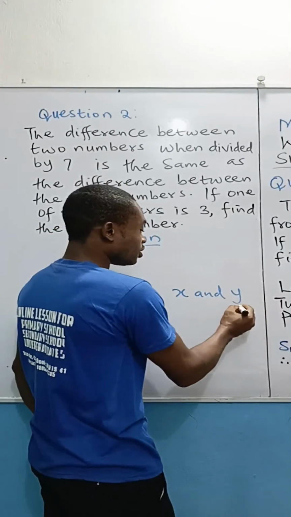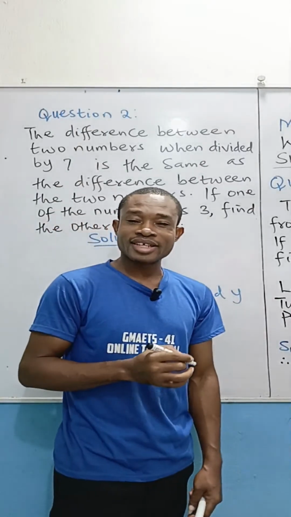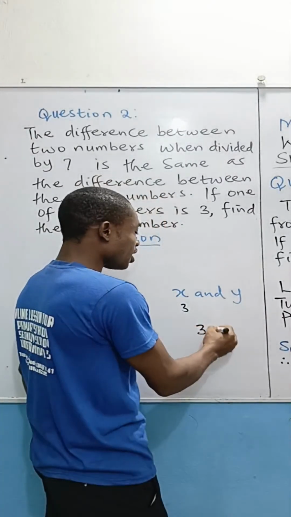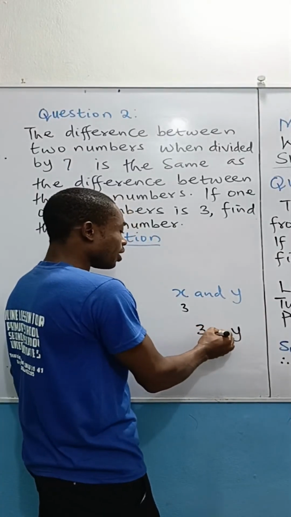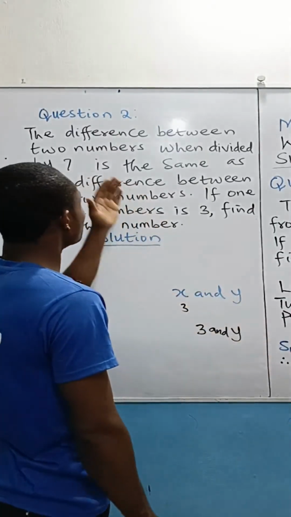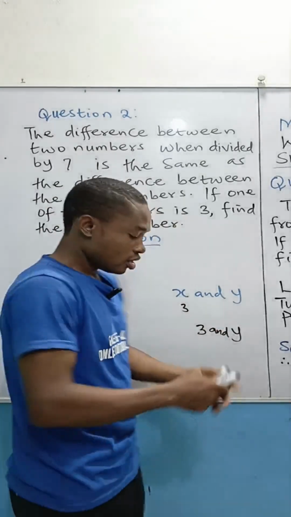Let me assume that x is 3. So the two numbers become 3 and y.